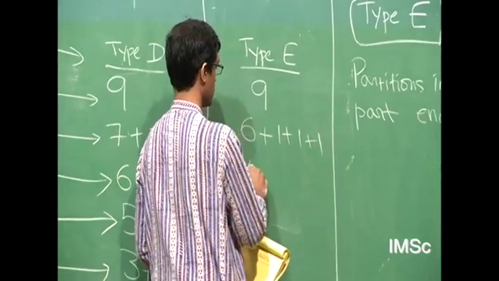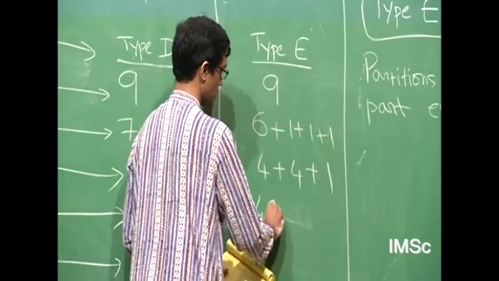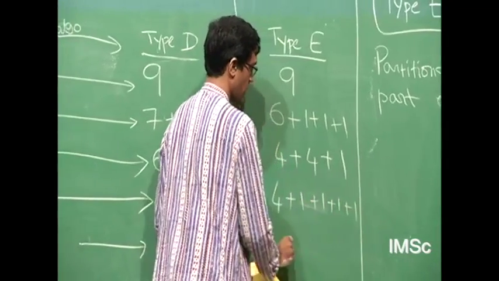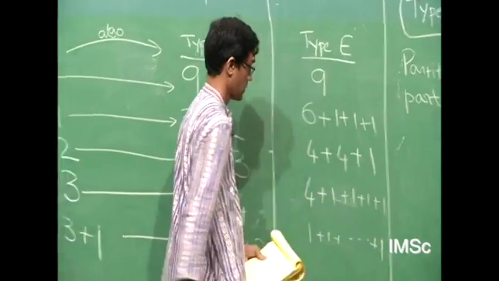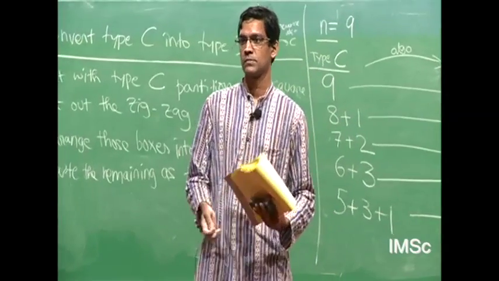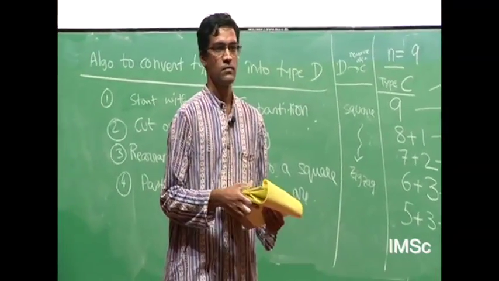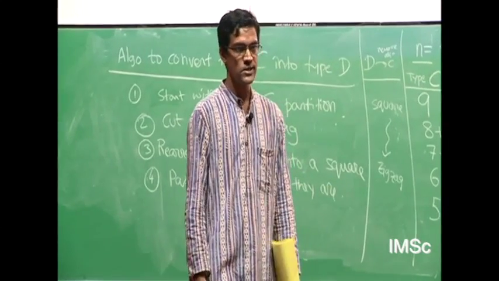Anything with 4? 4 plus all ones, then all ones. Right? I am allowed to use 1, 4, 6 or 9. This is all I can do. Okay, how many did I get? 5, right? Same as what I got in the earlier two cases.